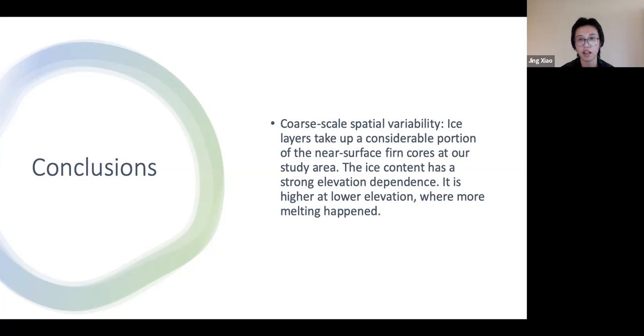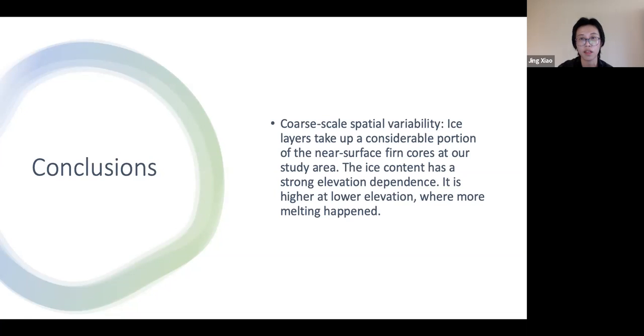As for the coarse spatial scale variability, in our study area, the ice layers take up a considerable portion of the near surface firn cores here, and the ice content and also the average density has a strong elevation dependence. It is higher at lower elevation where more melting happened, more refreezing happened, and more ice has been created.